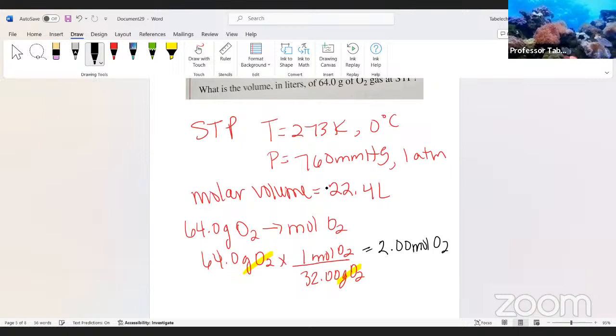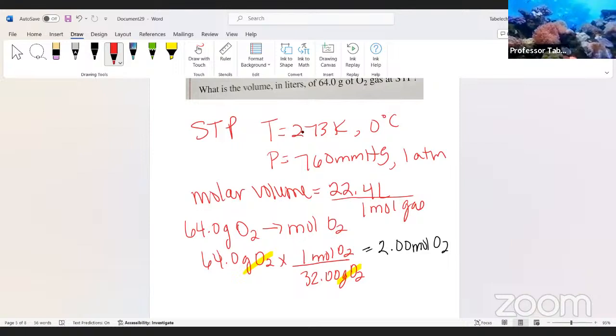But we're not done, because in order to do this problem, you've got to now multiply that times the 22.4 liters. So here's what you need to know. 22.4 liters is equal to 1 mole of whatever your unknown gas is. That was the one part I left off.